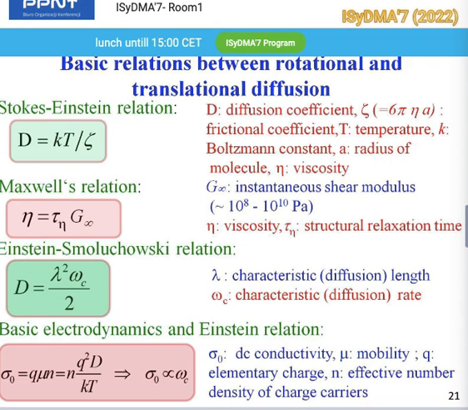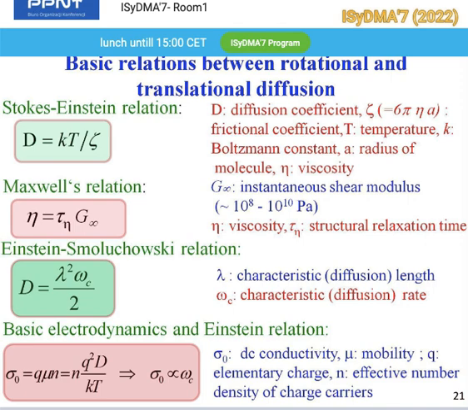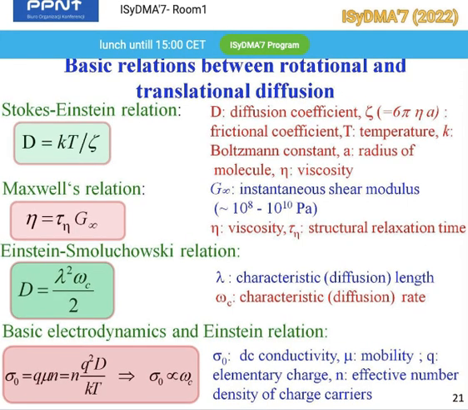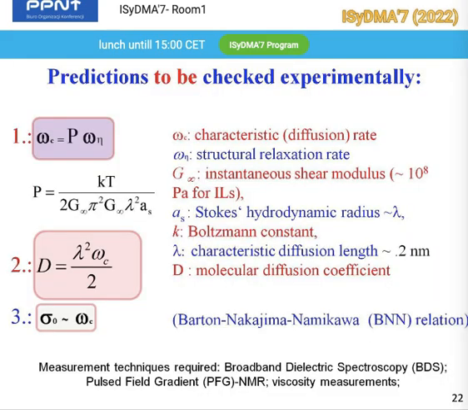And this is just a definition from basic electrodynamics. This is the conductivity, mu is the mobility, n is the number density of charge carriers, and q is just the elementary charge. If we combine these basic equations, then we can formulate predictions. We did nothing else than to combine relations between the equations I just showed in the previous few graphs.